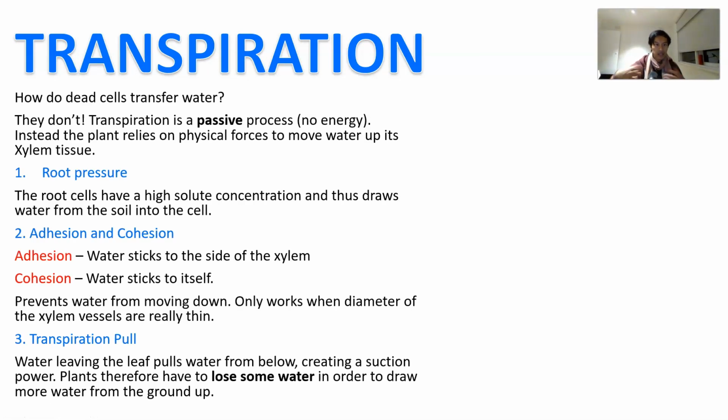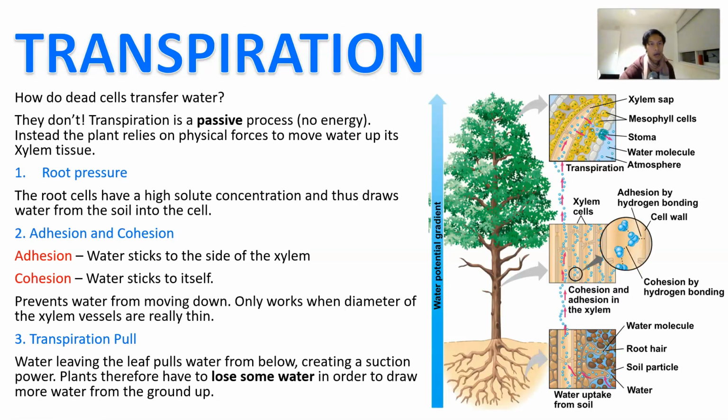Now, how do these dead cells transfer water, right? So once again, just to rehash the idea, once they go in through the roots, you're going to experience adhesion and cohesion, which moves water up the plant. And remember, this takes no energy. Adhesion and cohesion are physical phenomena of water.